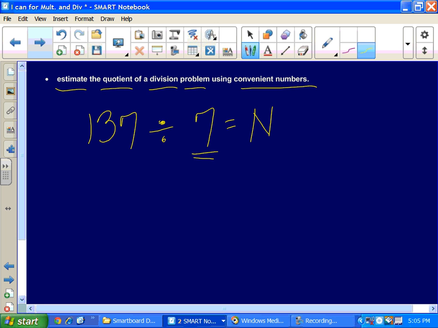Well, we're dividing into groups of 7 or 7 equal groups. And 7's already an easy number because it's a single digit. So let's think about what kind of easy groupings we can talk about times 7 that would get us close to the amount we have.